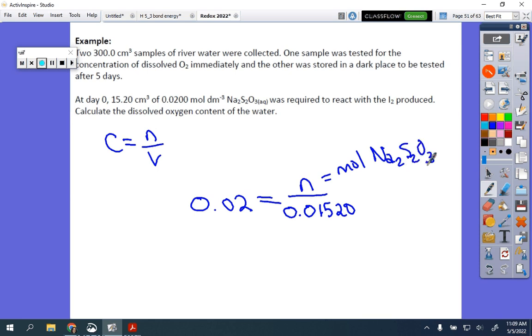Then I take my N times the mole ratio, Na2S2O3 is 4 moles to 1 mole of O2 in the reaction, and that gives us the moles of oxygen. And then we take that, that's our new N, divide by our volume to get our concentration of oxygen.